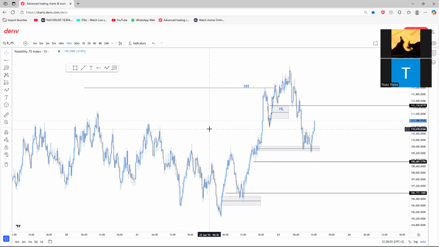Let's recap. Why are we saying it's a higher high? We are saying it's a higher high because it's higher than the previous high.